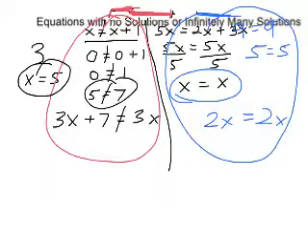That's mostly what we're going to be dealing with. But you have to be aware of these other two and be able to spot them, because this will be a problem on the test. It will ask: is it one solution, no solutions, or infinitely many? And usually it'll say, let us know if there's no solutions or infinitely many solutions.